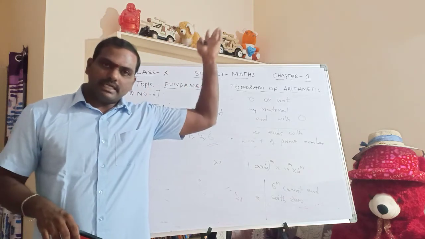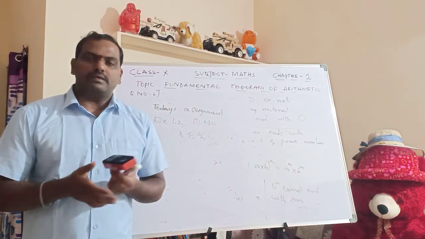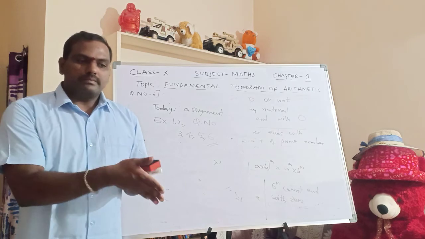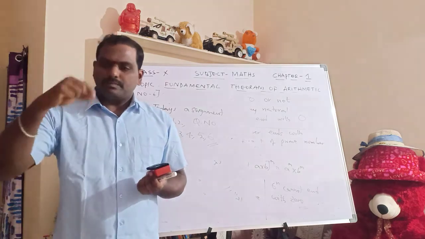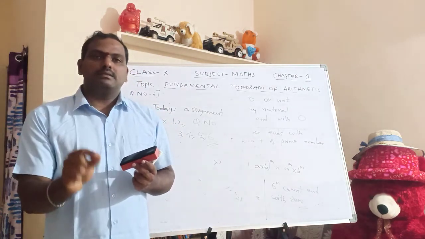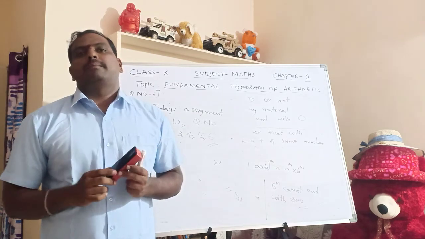Someone is sending homework from 3 days back. How do I analyze on which day it was done? From Monday onwards we are going to have the homework assignments, and we will place a tick mark on that one. So be clear, session, date and name of the student is a must.